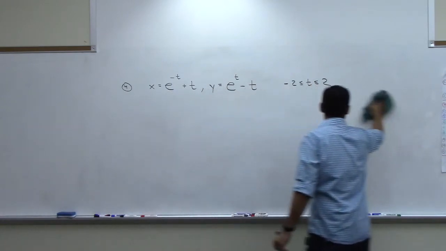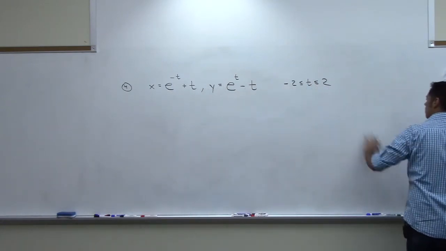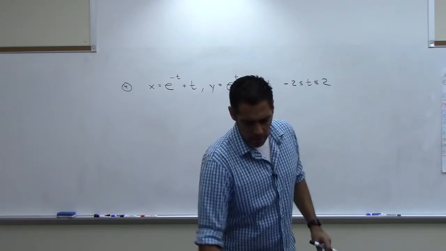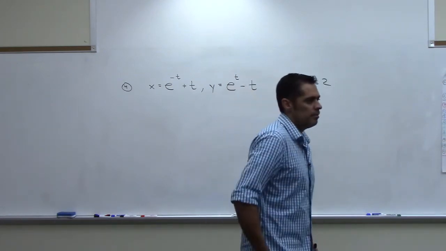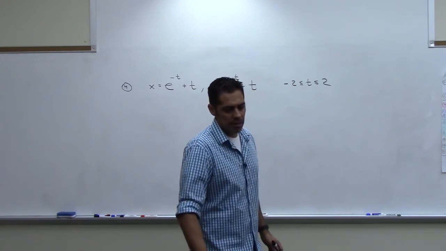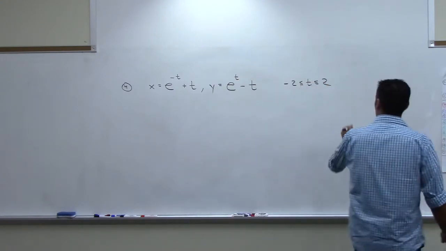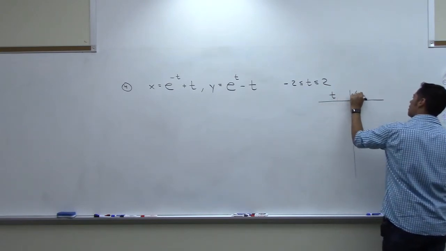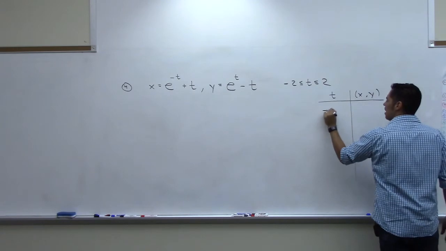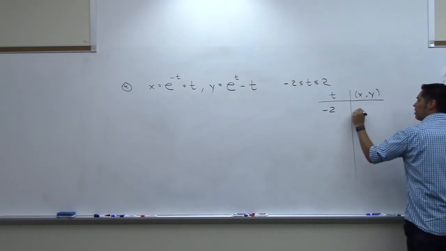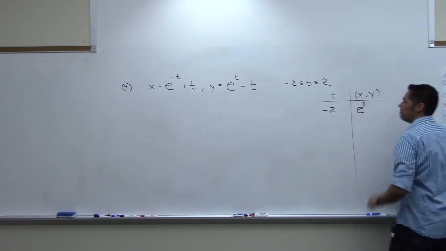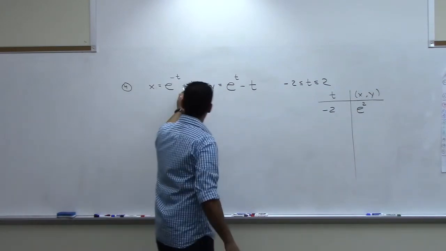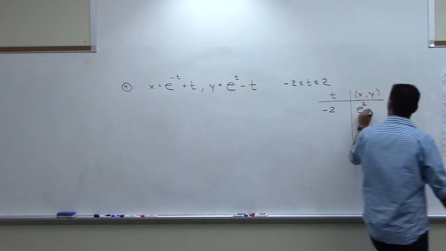More table stuff here. Now, when we do this table, we're going to get exact answers, and then we're going to need to approximate them with decimals. So let me do our t, here's our x and our y. If t is negative 2, I should get e to the negative 2, and then plug in negative 2 here, minus 2.